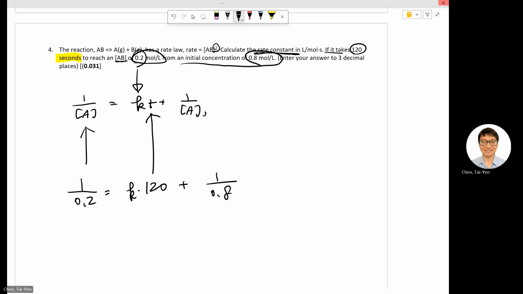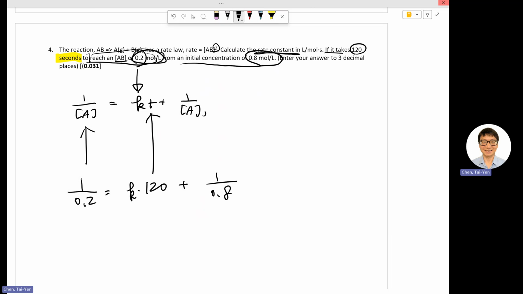Before we leave this, there's one more trick they can play for this type of question. Here it says it takes 120 seconds to reach this concentration. That's one way to describe the concentration of your A at time t.